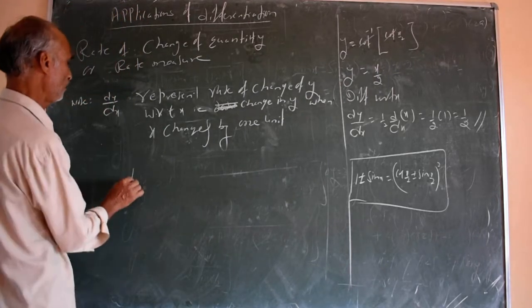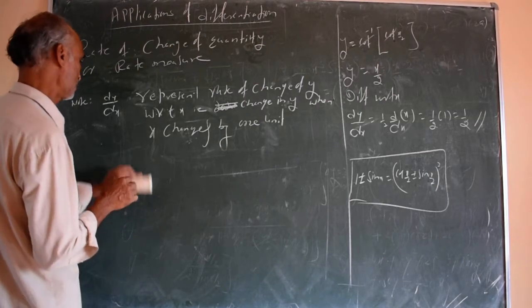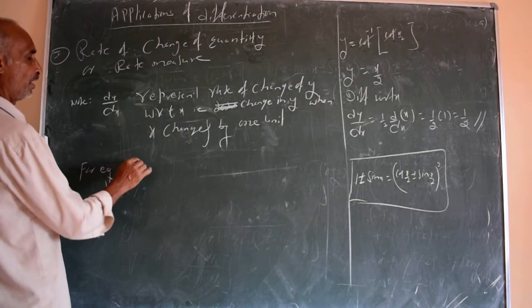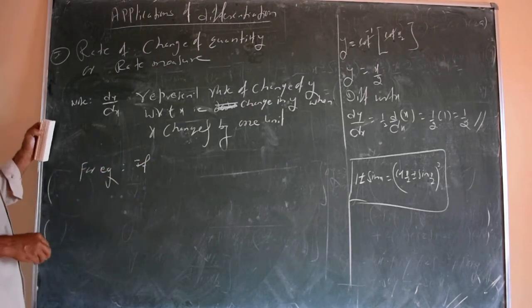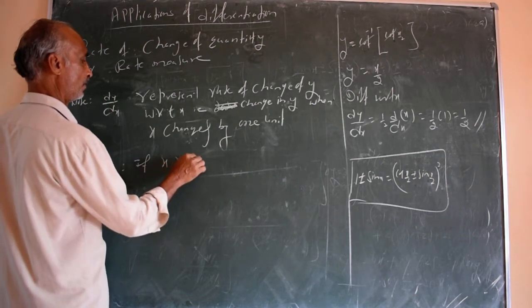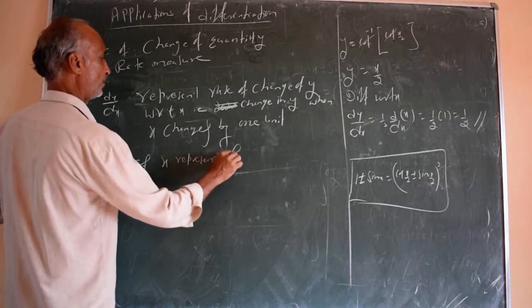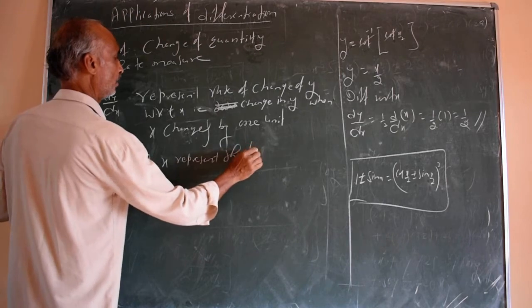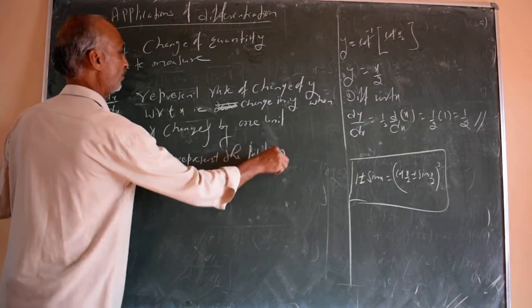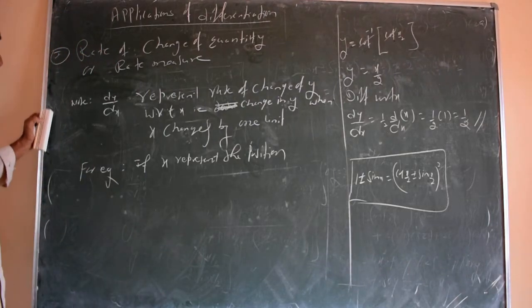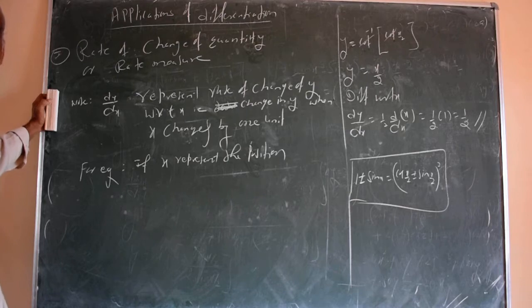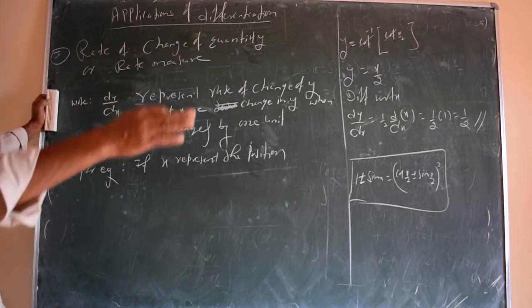Therefore, dx by dt, x represents the position. What do you mean by dx by dt? Let us take an example. If x represents the position and t represents the time, then x is the position of the body at time t, meaning the body is at the 5 meter position or 10 meter position, moving along a straight line.